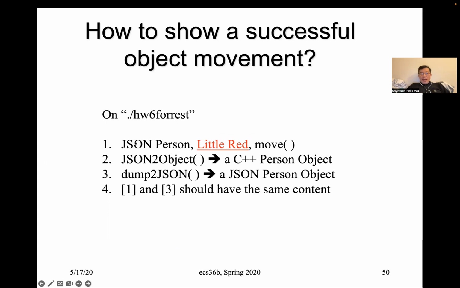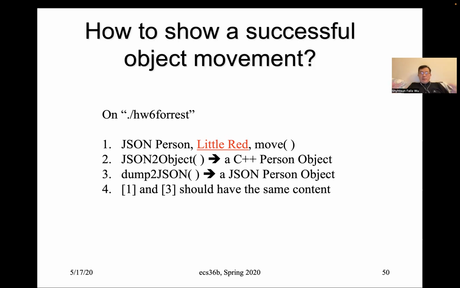Once you have this JSON person, inside that function, after all kinds of checks you need to do for JSON programming to know it is valid JSON and the format is correct, you use a JSON to object that will create a C++ person object. On completing step number 2, essentially your object mobility is done. You actually already finished that.